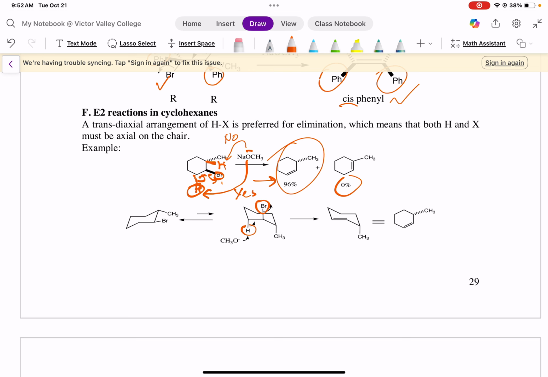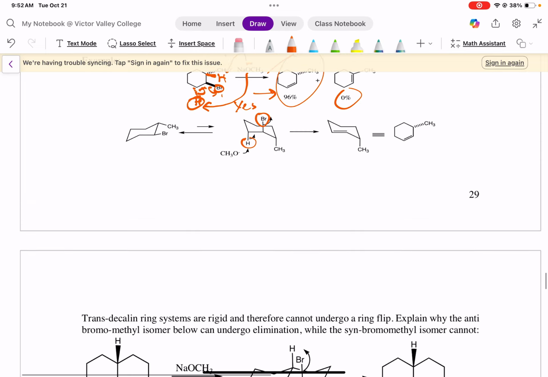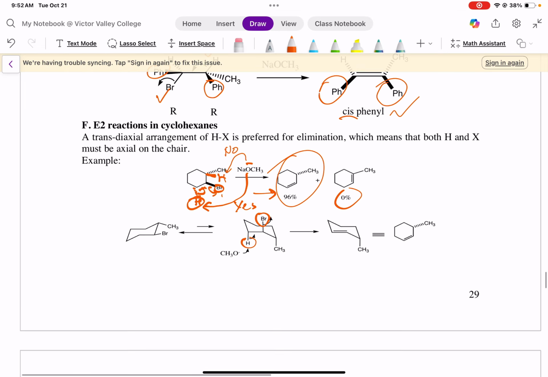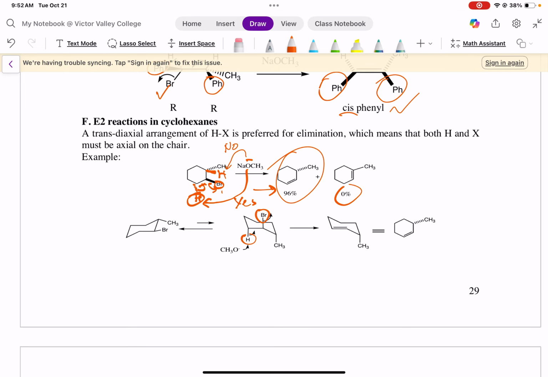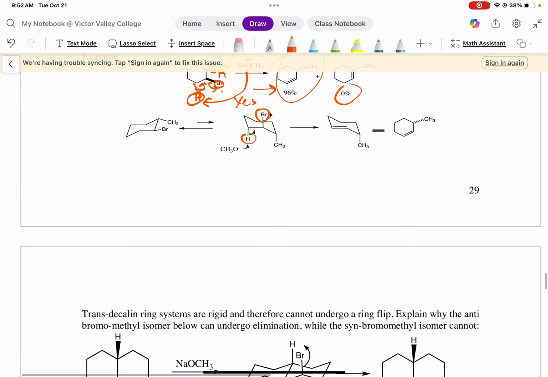So those are good exceptions, just because of the stereochemical requirement of the eliminations. Something to think about: if there's no stereo, if there's hydrogen everywhere, then we can form the product easily.